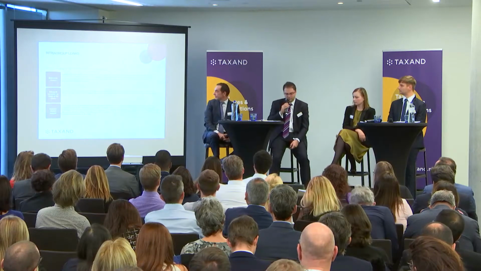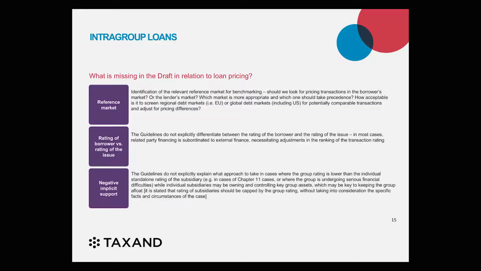All right, what was the draft missing? Well, apart from what I already mentioned, there are 3 points that I think are key, and there is a third one that I thought about yesterday that I'm going to mention. So I think the first one is the reference market. When you're benchmarking an analysis on a transaction, would you use the market of the borrower?